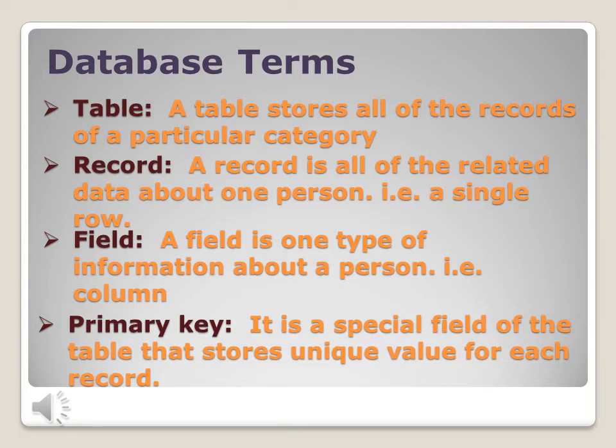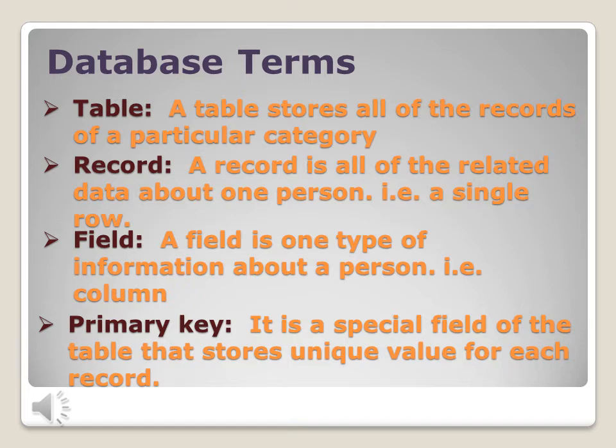Next is a field. A field is one type of information about a person. That is a column. We already know that in one column all the information will be of the same type. And the last one is a primary key.